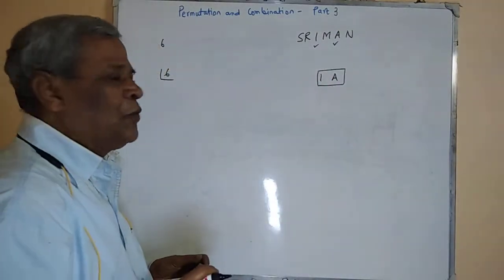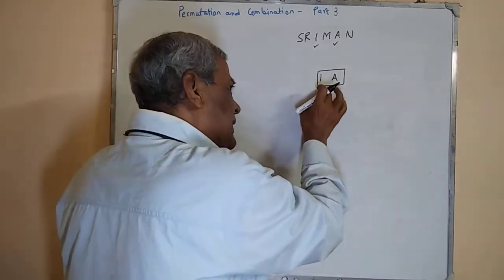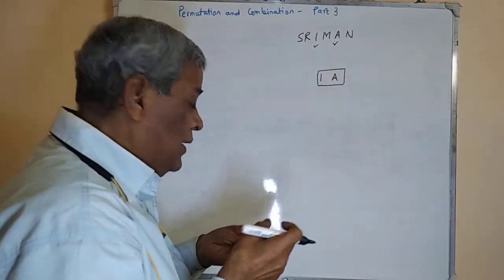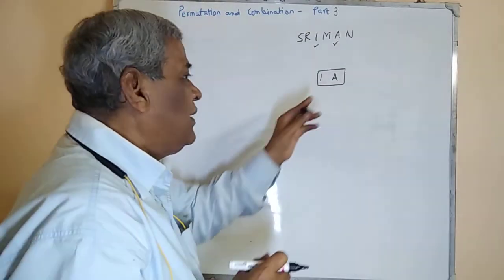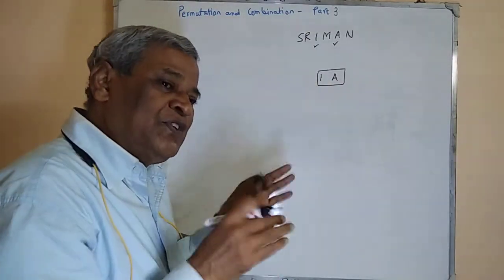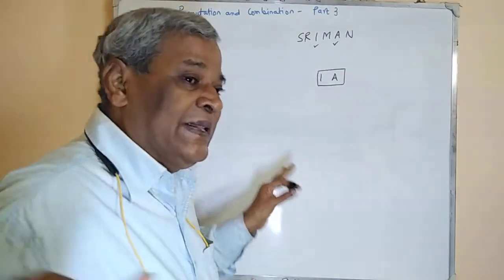So if we take these two as a single letter, when one vowel changes its position, the other will also change its position with it. So vowels will be together.